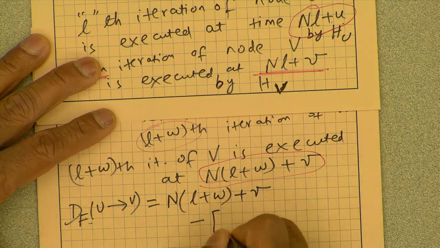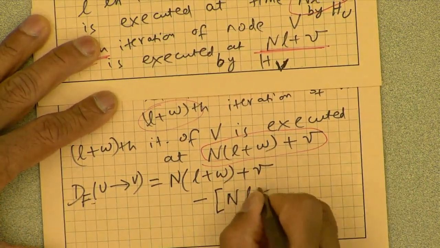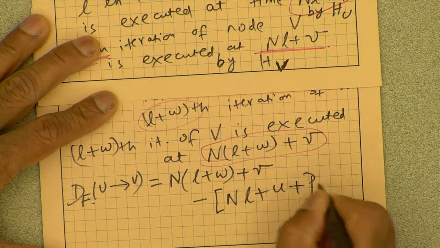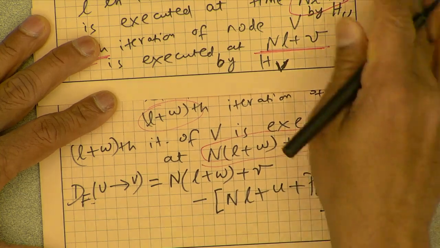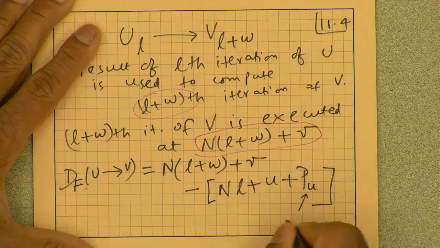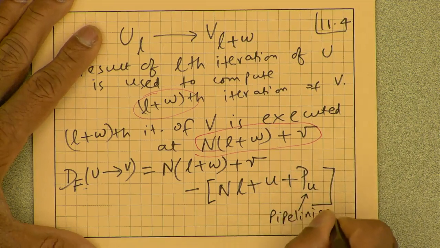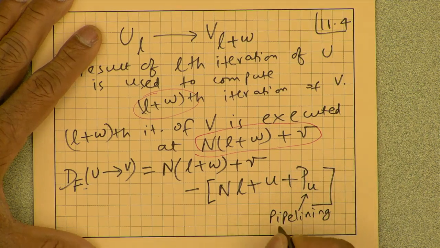Minus, and that result was computed at n times L plus U plus the pipelining level of U. I forgot to say that this is the pipelining depth or pipelining level of HU.